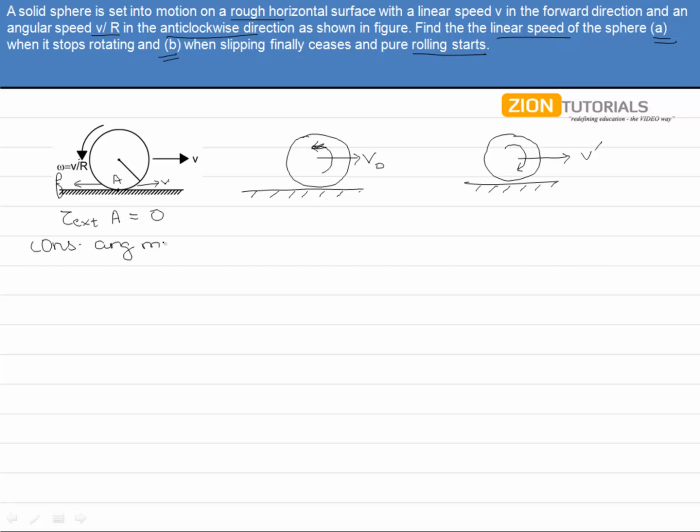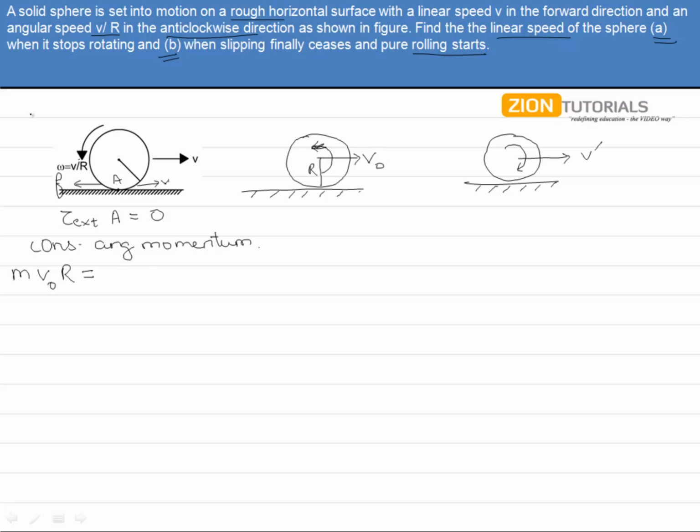The total angular momentum before and after is going to be the same. Afterwards we have an angular momentum of m v naught into r, because this is v naught and the distance is simply r, so it is m v naught r.